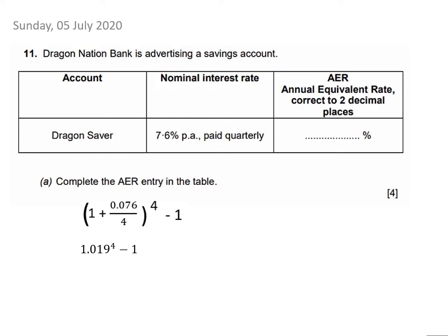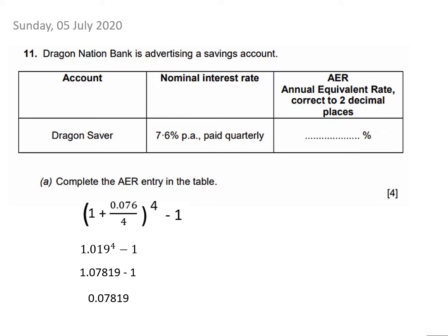Raise that to the power 4 and take away 1. So if we raise it to the power 4, that's what we get. We take away the 1 and we're left with 0.07819.